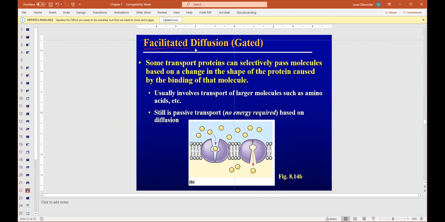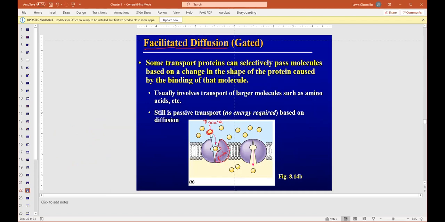So we can have a special kind of facilitated diffusion where the channel isn't open all the time. It's actually gated. And one thing that you guys should remember, one of the most important things to learn in biology, is that if I take a molecule, whatever this might be, like we could say that this is glucose. If I take glucose, and this is a protein, remember, so this is made out of amino acids.